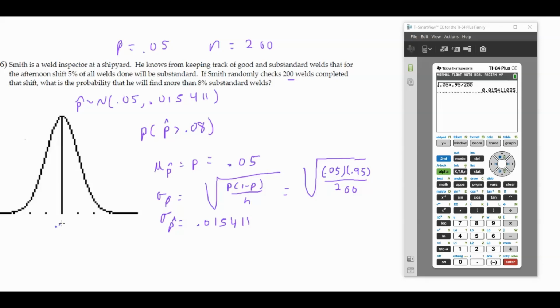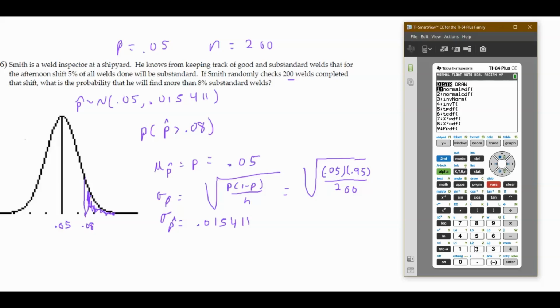I have 0.05 here in the middle, and I want to know what's the probability that he finds more than 0.08, right? So I'm going to use the normal CDF command. Second, distribution, normal CDF from 0.08 to infinity. My mean is 0.05, and my standard deviation is 0.015411.